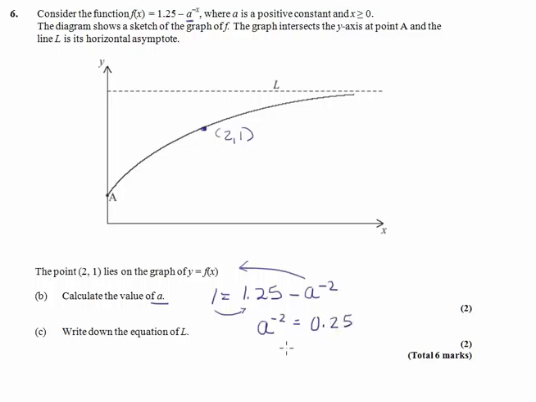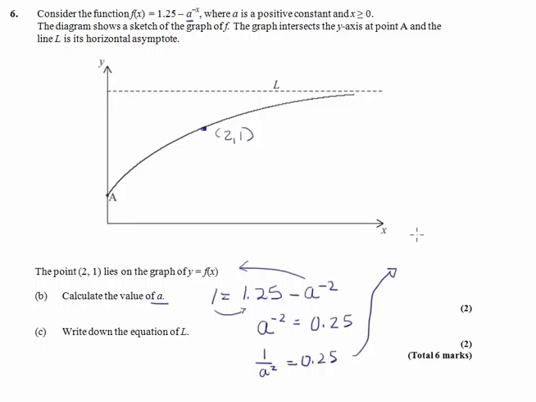So that's just 0.25. What's a negative exponent mean? This is a bit of a review and refresher. A negative exponent means that it is 1 over. And now I can write it as a positive exponent, 1 over a squared equals 0.25. And why did I want to do that? Well, to make my exponent positive.